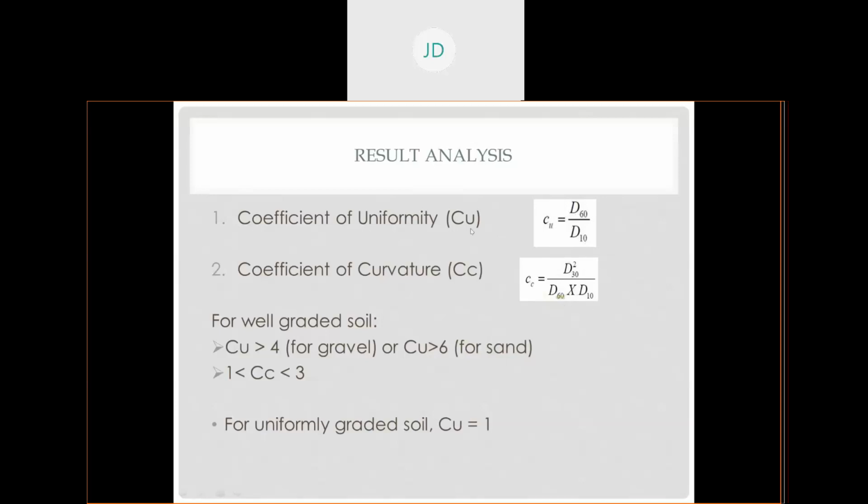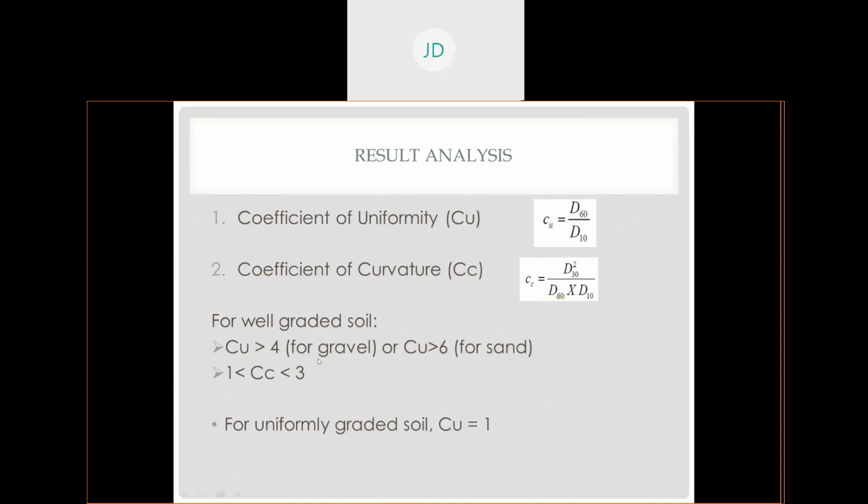Now what is the use of these two parameters? They are very useful to find out the grade of soil. Here you can see some important parameters given. For well graded soil, if you are using sand particles, then Cu, the coefficient of uniformity, must be greater than 6.